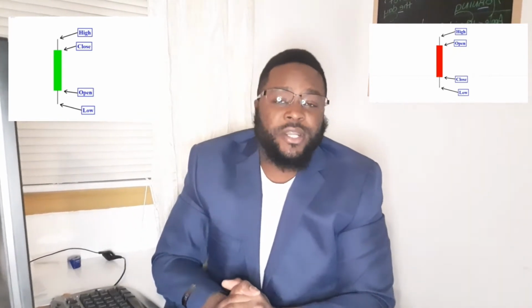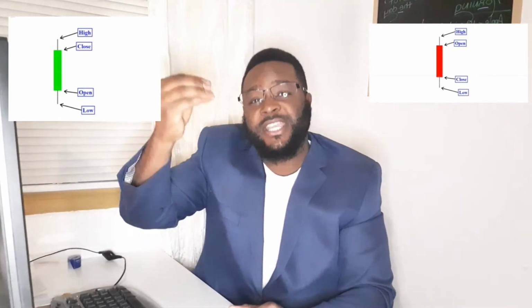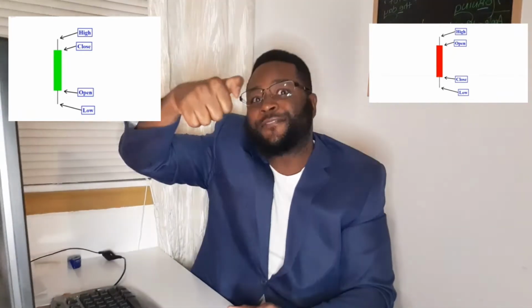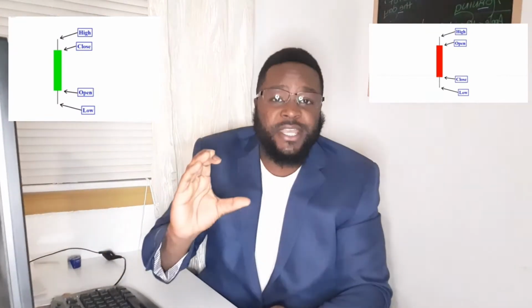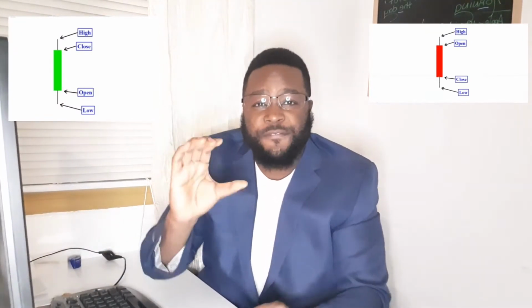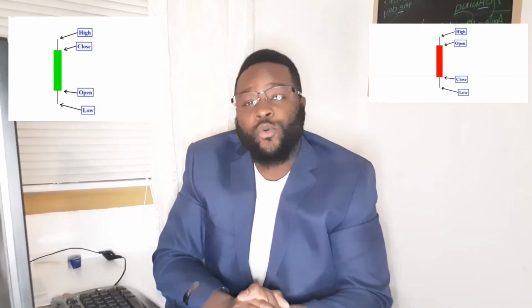Now we have the wick. The wick is the pointy things on the candlesticks. You know, when you use the lighter and you light the firecracker and boom, and it blows up, that's the wick. In most cases, if you don't see a wick, it's a full strong closure. It's a strong buy or sell. Now we have weak rejections and strong rejections.